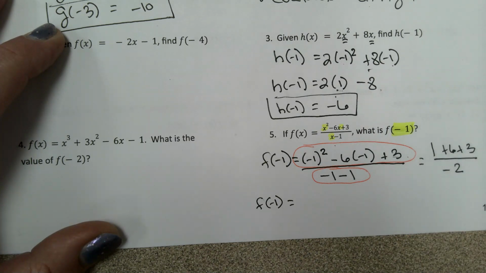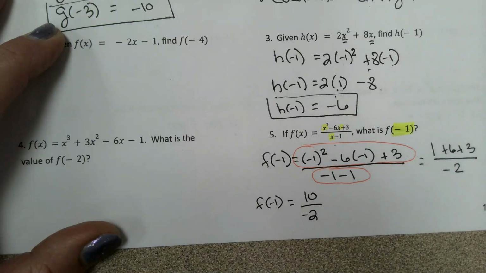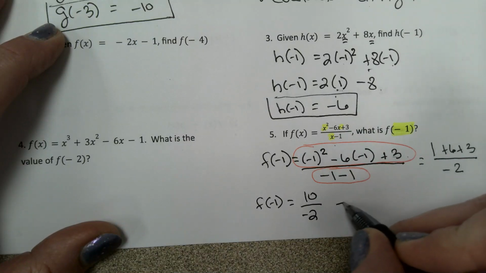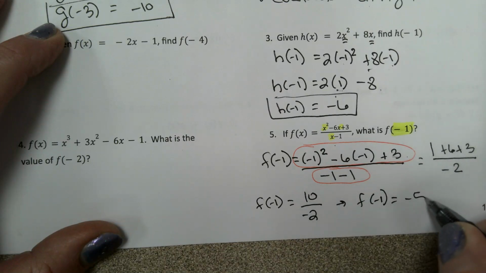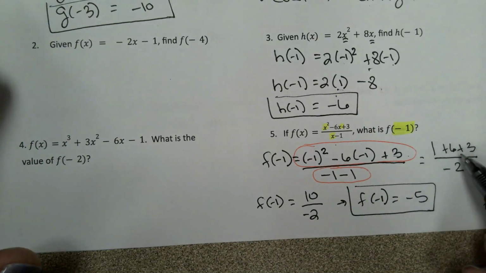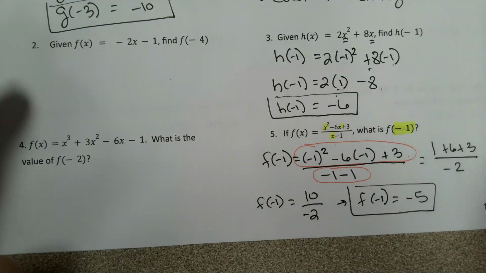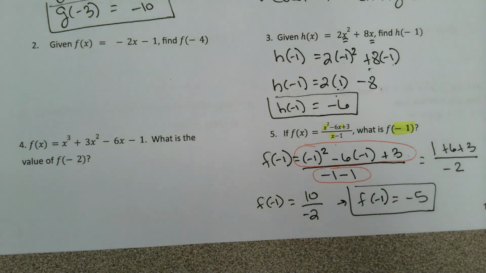When I add the numerator, I get 10 divided by -2. And f of -1 equals -5. So that's how you substitute it in, do direct substitution, do the math, and then this can simplify, so I need you to simplify it.